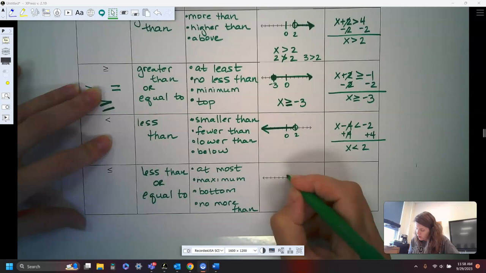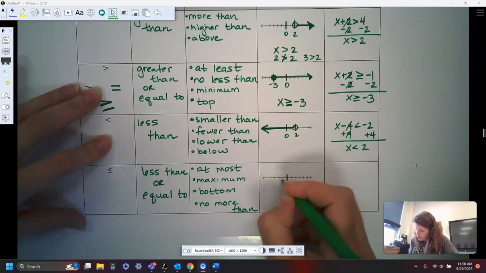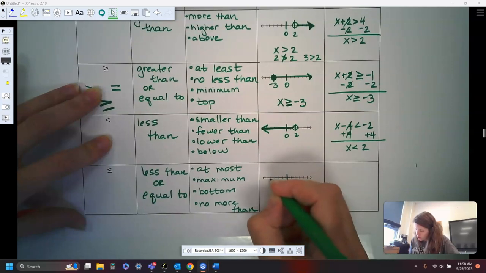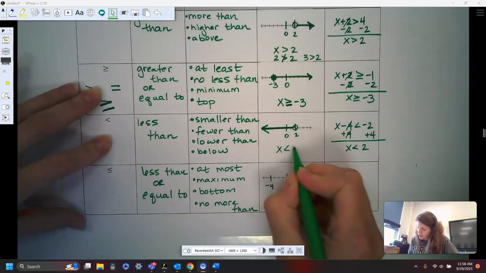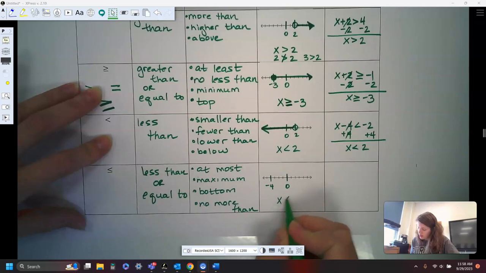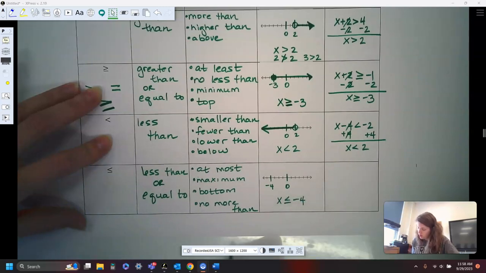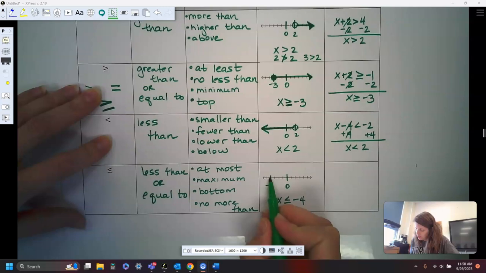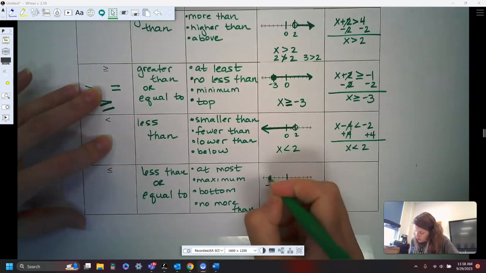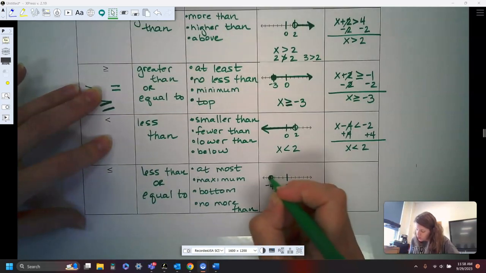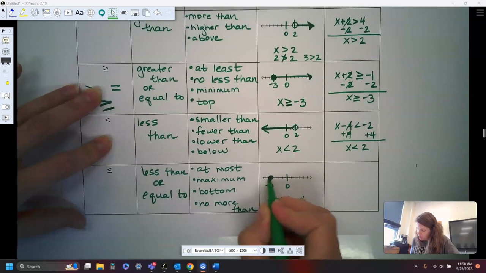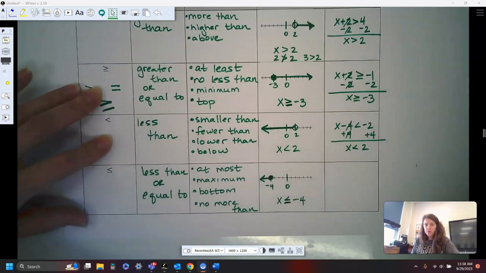This one, let's do another one. Here's 0. We'll do -1, -2, -3, -4 in this case, okay. This one was x is less than 2, right? This one is going to be x is less than or equal to -4, okay? So we're going less than or equal to -4, which means I'm going to move in the negative direction from there. But again, my circle here includes -4 because it has the equal sign in there. So I'm going to color it in, and then I'm going to draw in this direction, an arrow.